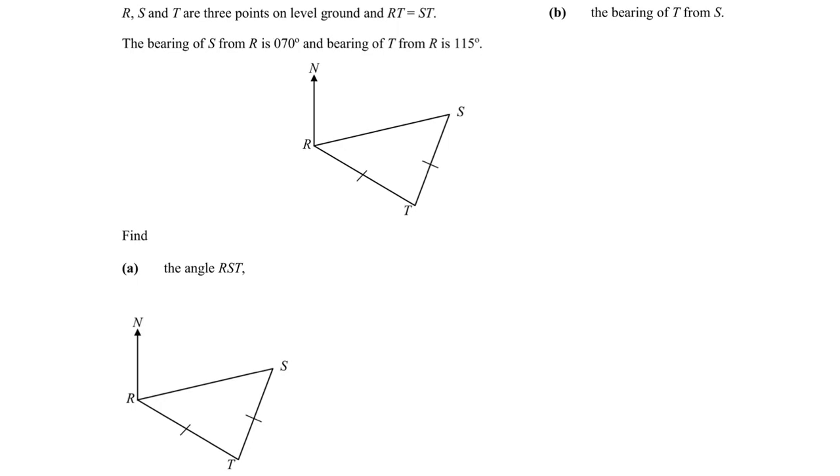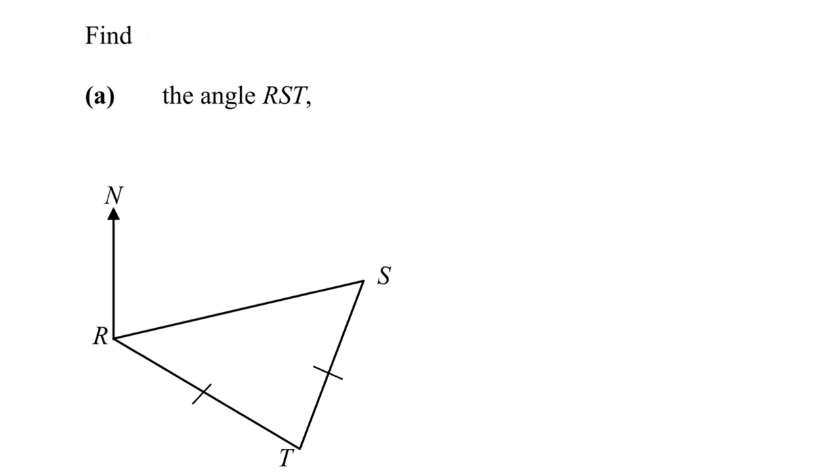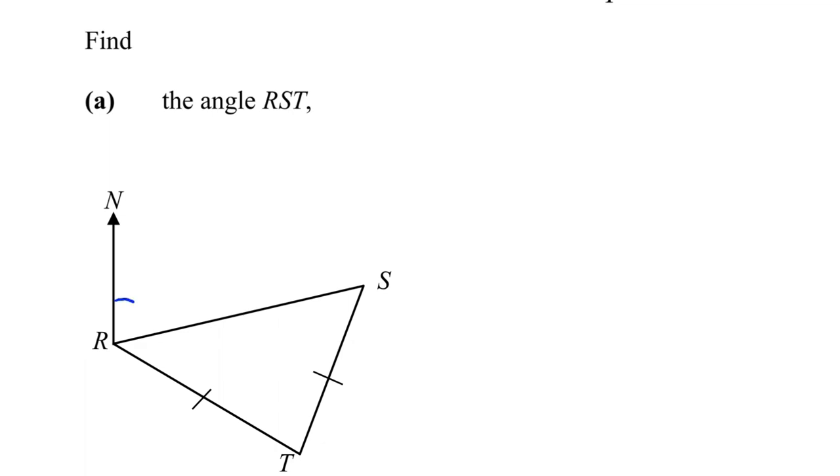We are given the bearing of S from R is 70 degrees. The bearing of S from R, that means this is where the 70 degrees is.